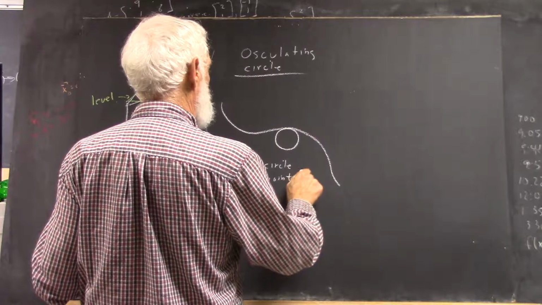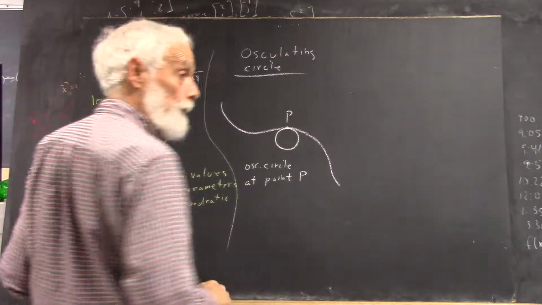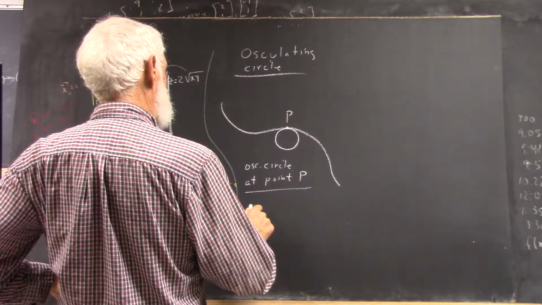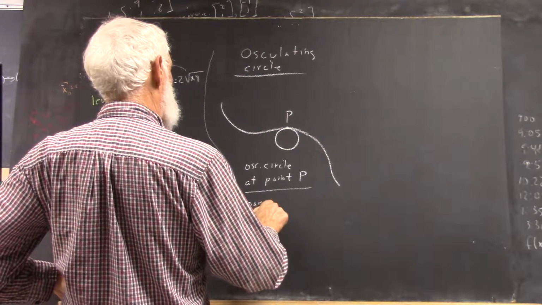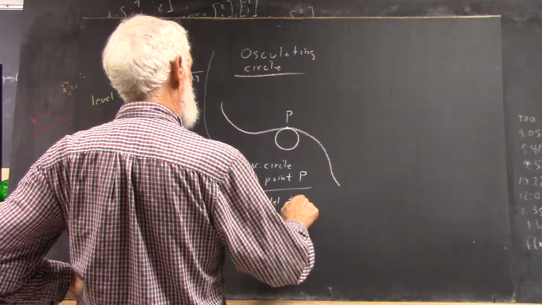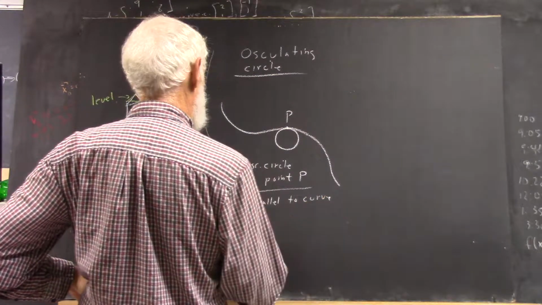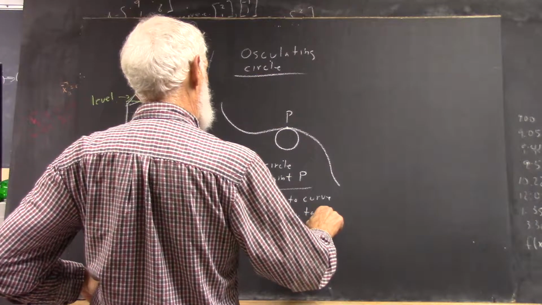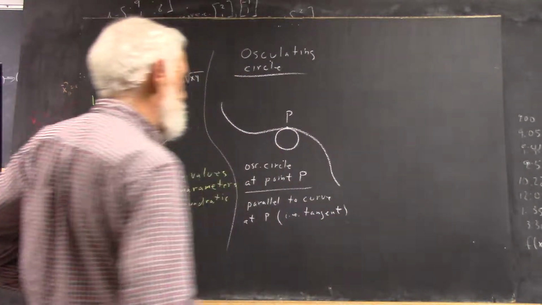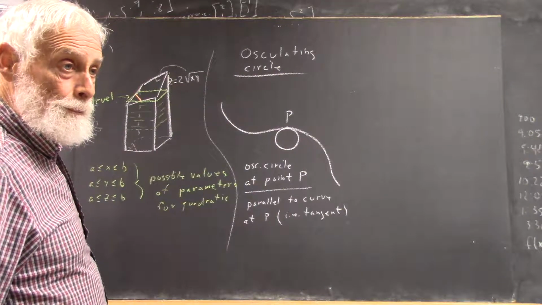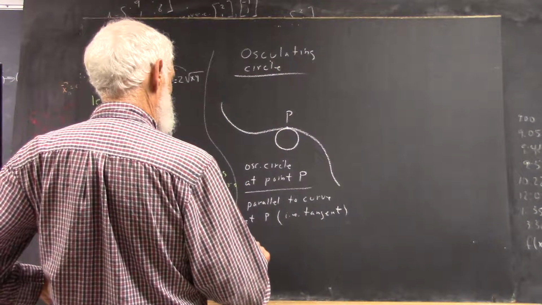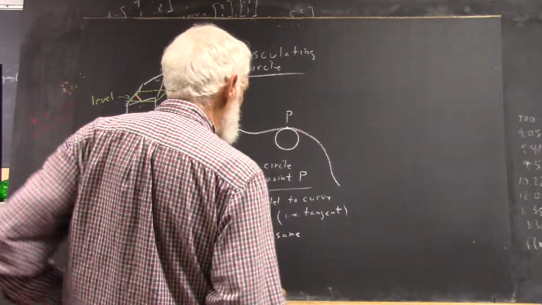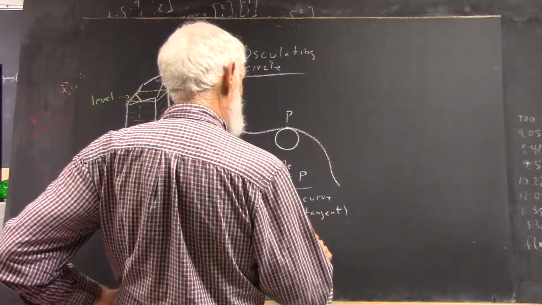The osculating circle at point P. So we'll call this point here P. Okay, it's parallel to the curve at the point P, with the same curvature.